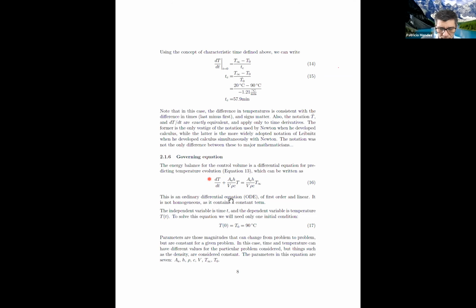Before we solve it, let's look at some aspects. It has only one variable, that is time, and it's very important to have this kind of accounting of what the variables are. Only one, so it's an ordinary differential equation. Those are the easiest ones to solve. Doesn't mean they're trivial, but they're the easiest. And then it is linear.